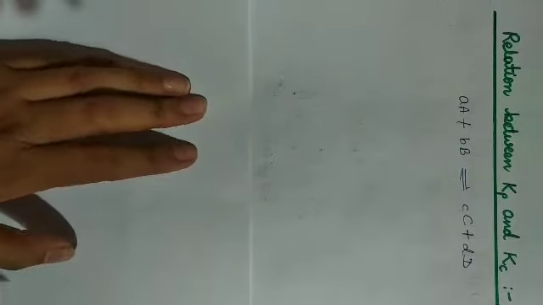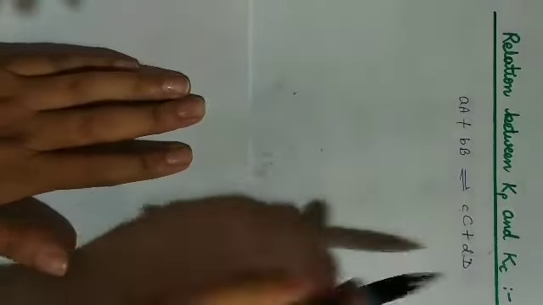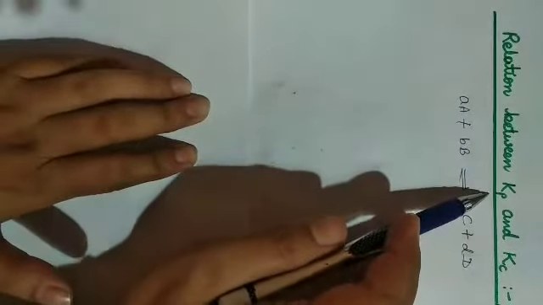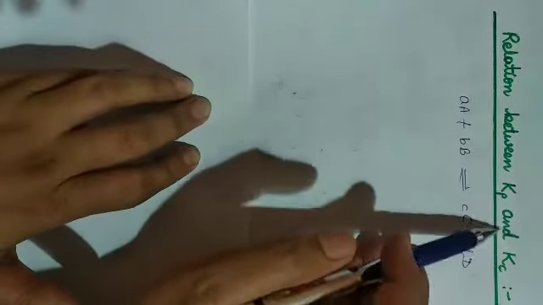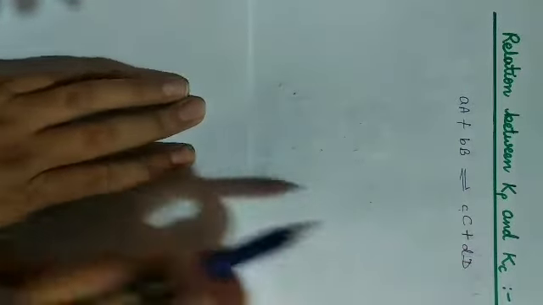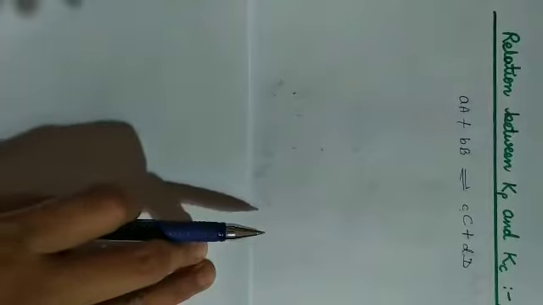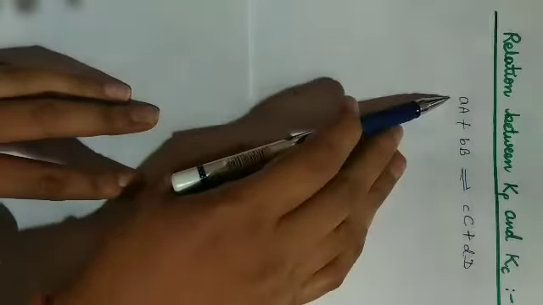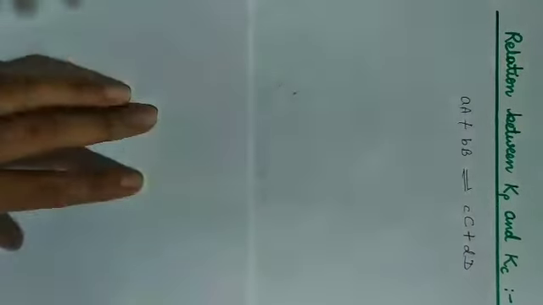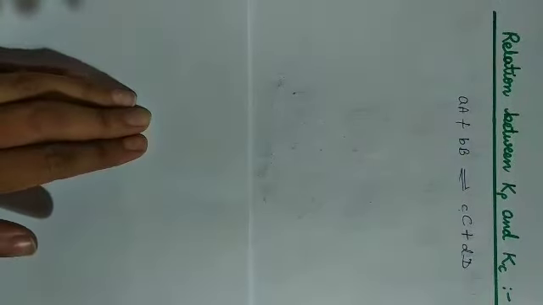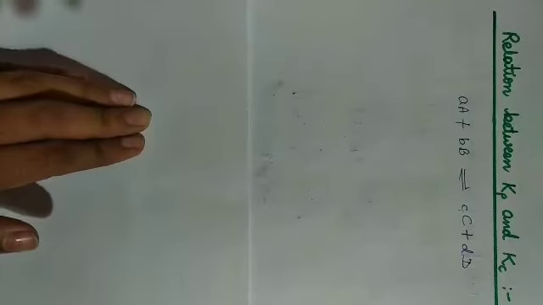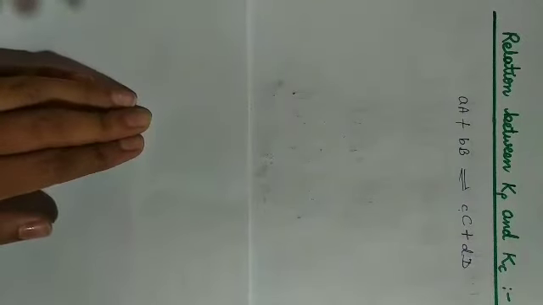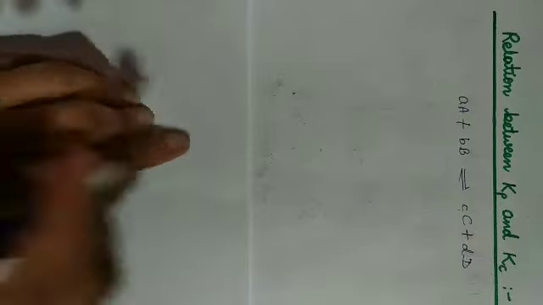Now we will check a relation between the equilibrium constant in terms of partial pressure, Kp, and the equilibrium constant in terms of concentration, Kc. Suppose a reaction is given: A plus B with stoichiometric coefficients small a and small b, in equilibrium producing C and D with stoichiometric coefficients small c and small d.